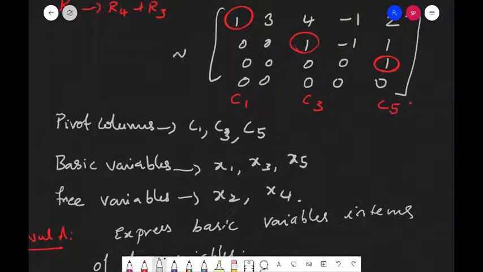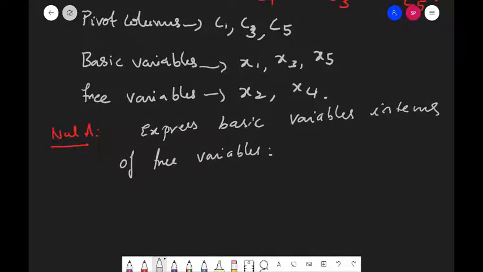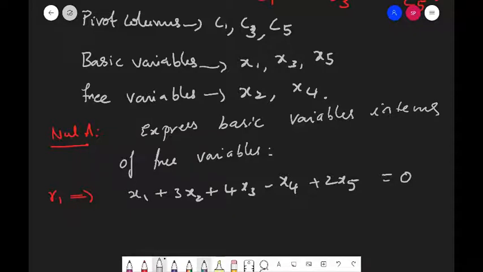Whatever we have here, the first row implies x1 plus 3x2 plus 4x3 minus x4 plus 2x5 is equal to 0. Let me call this equation 1.